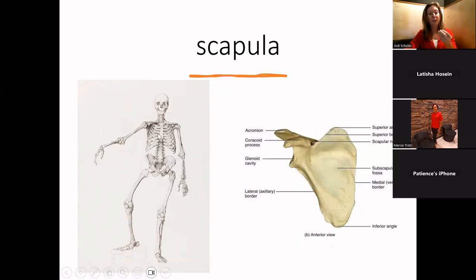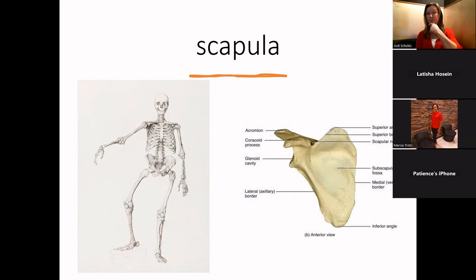If we're looking at a skeleton like this, see this little angle right here? That's the glenoid cavity. In your opinion, is this a scapula from the right side of the body or the left side of the body?